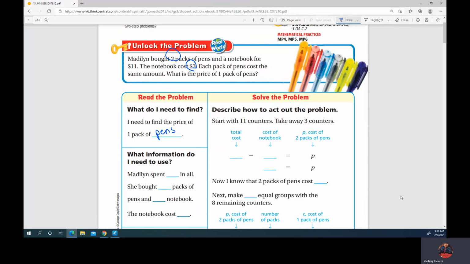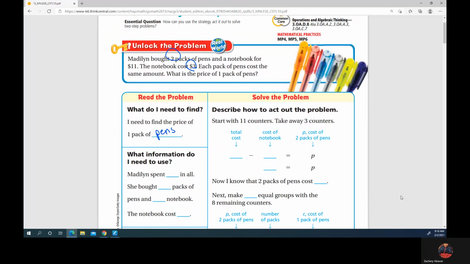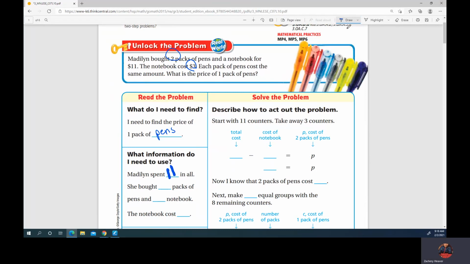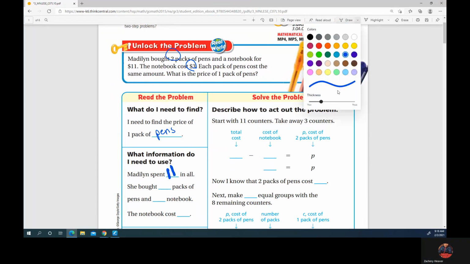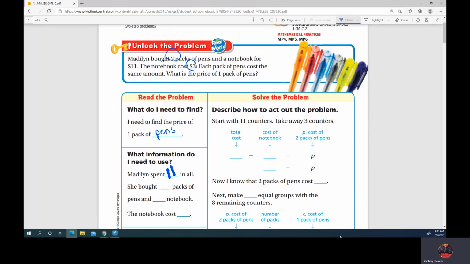We're going to break it down. What information do I need to use? First off, let's find what she spent. Madeline spent $11. She bought how many packs of pens?